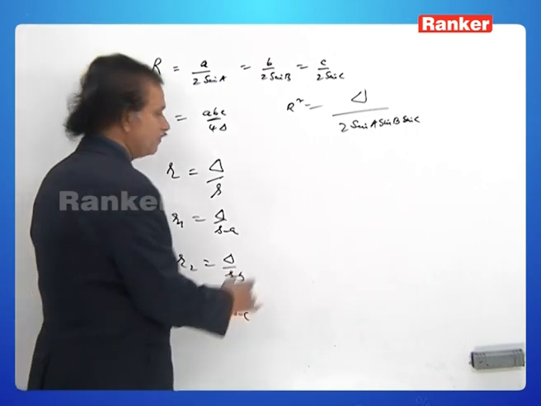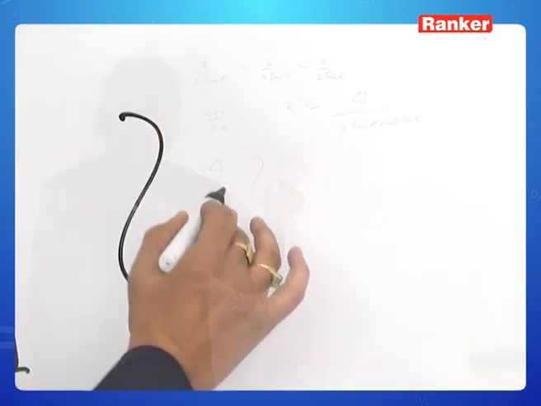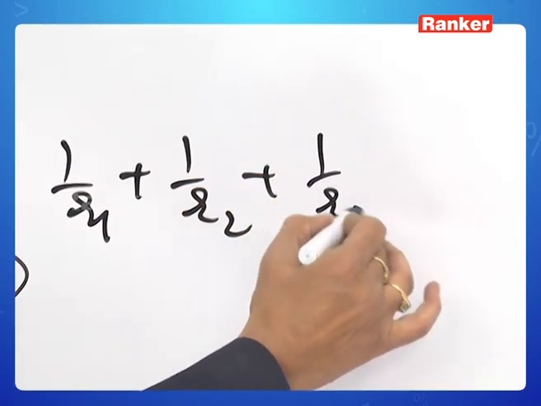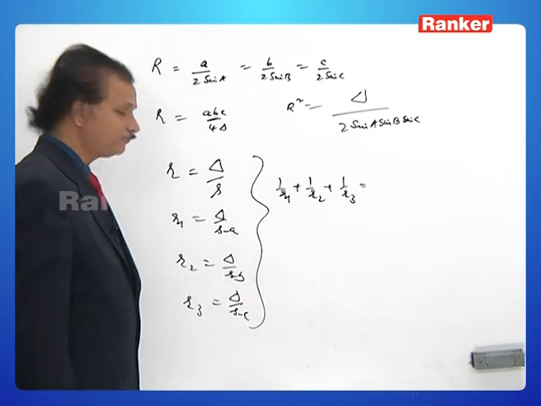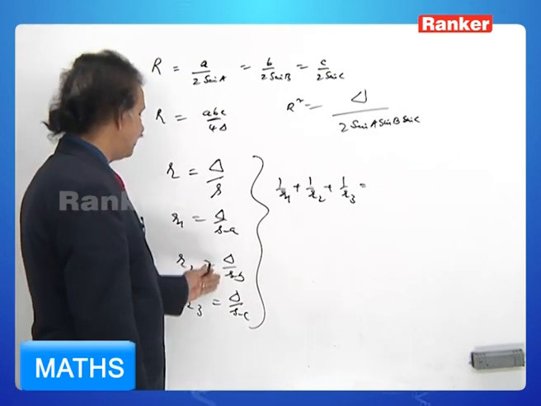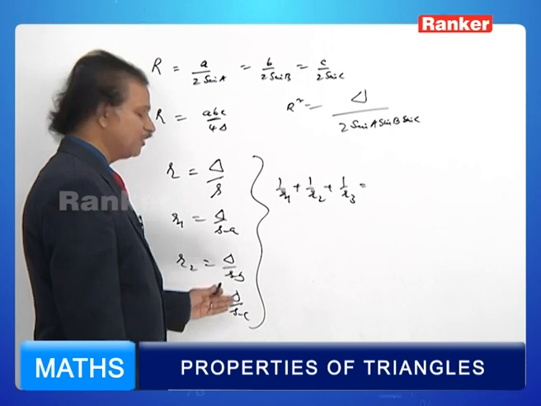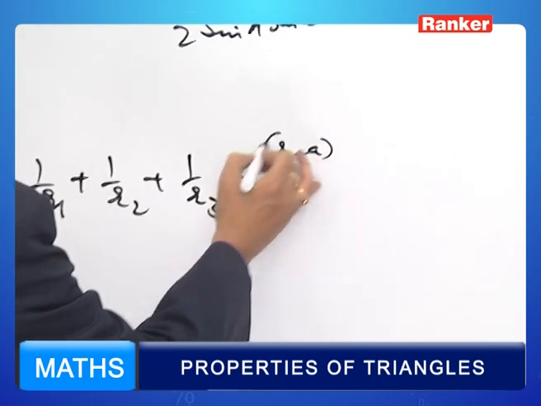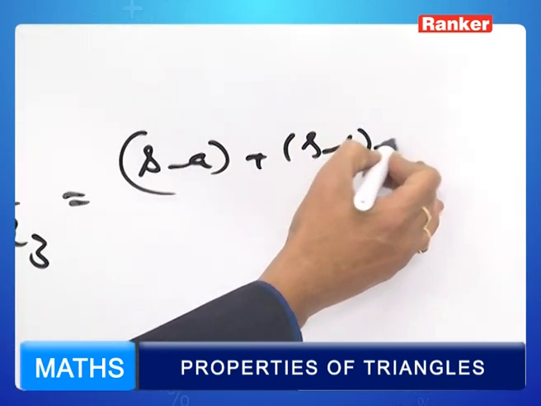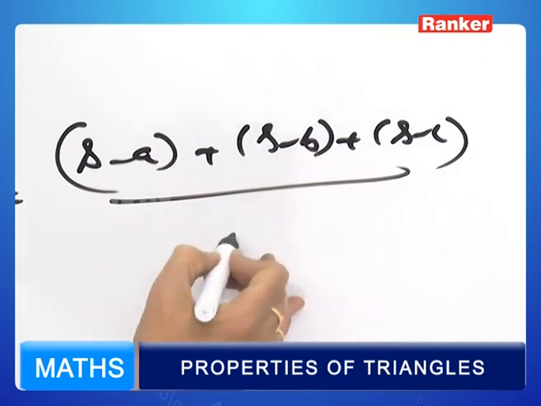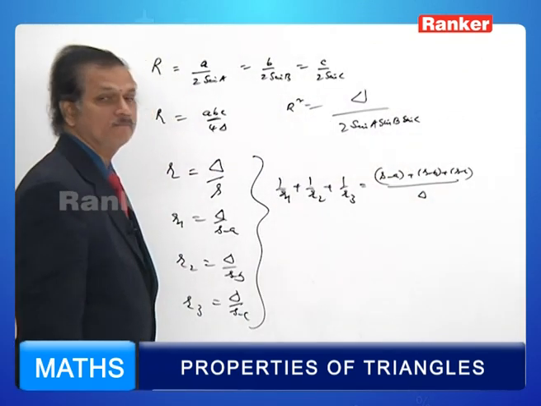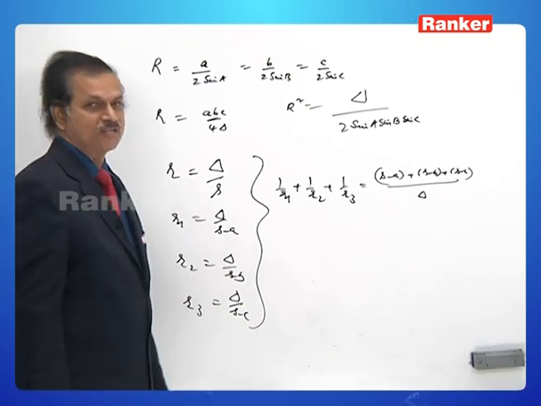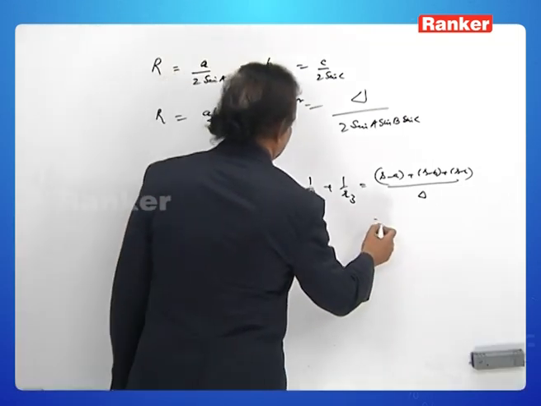What can we achieve from this first set? Look here. What is 1 by r1 plus 1 by r2 plus 1 by r3? What can you observe? 1 by r1 is (s minus a) by delta, (s minus b) by delta, (s minus c) by delta, isn't it? (s minus a) plus (s minus b) plus (s minus c) by delta. s plus s plus s, 3s, minus of (a plus b plus c), 2s. 3s minus 2s is s. s by delta.